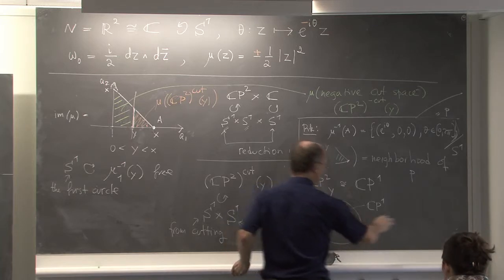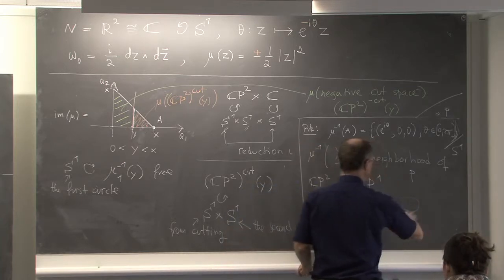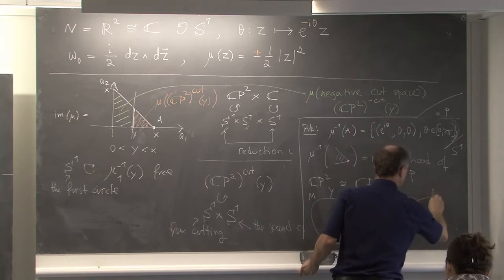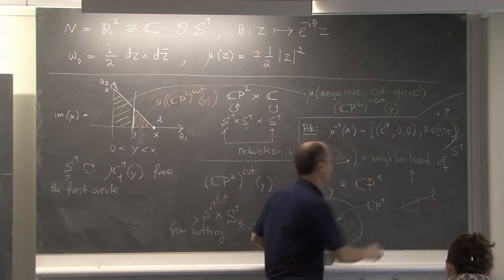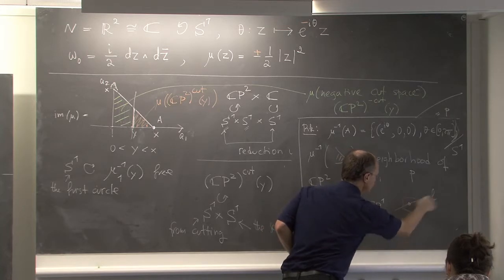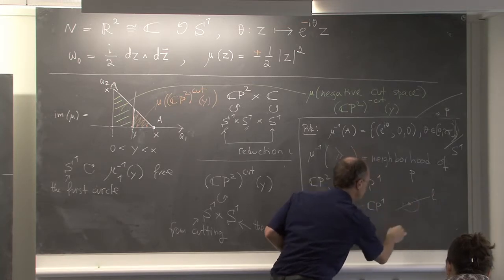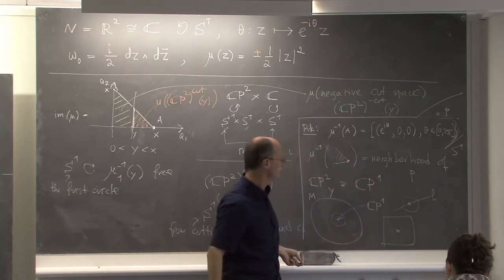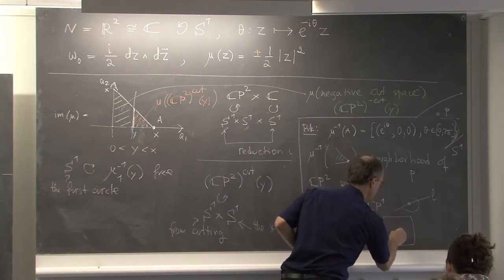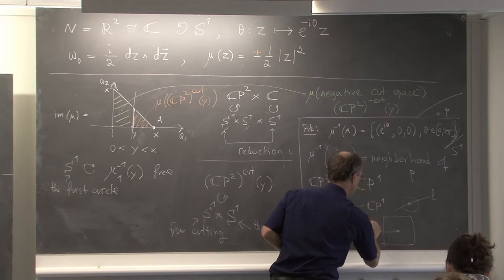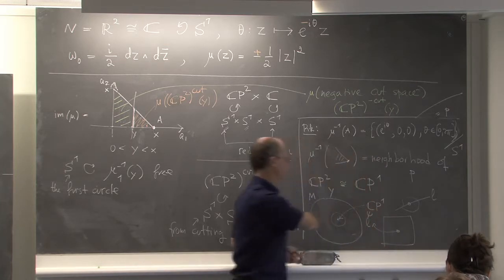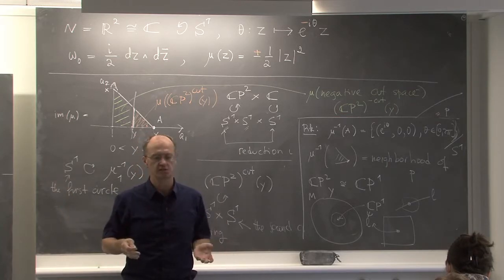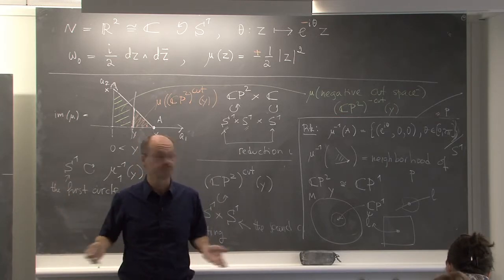I take this neighborhood, and in this neighborhood there are lines. Each of these lines which goes through the point is like a copy of C without the origin, and at this point I'm gluing exactly this line in CP1.